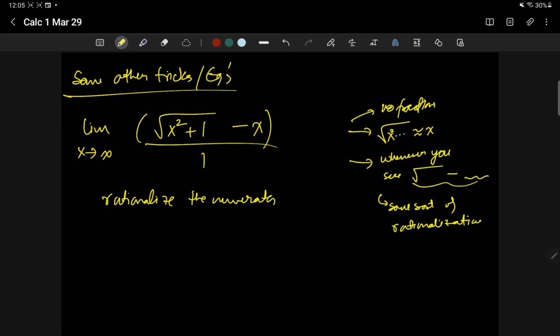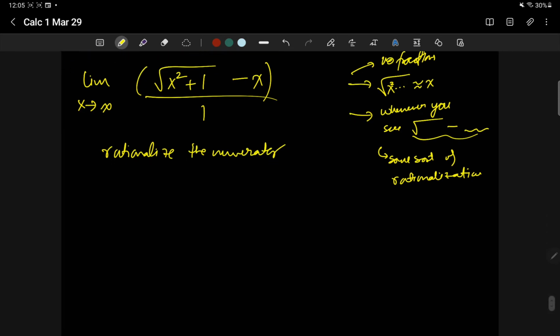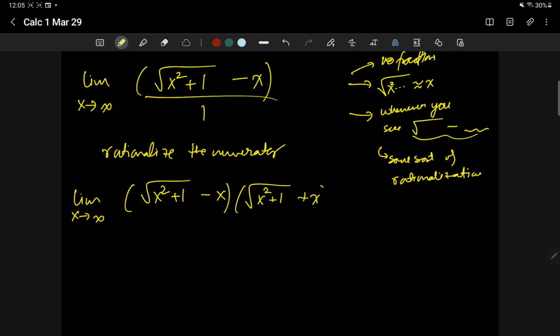That is really the only thing we can do here, and that is the most common trick we have for these kinds of situations, whenever there is square root stuff going on. So I multiply by the conjugate, which is square root of x squared plus 1 plus x. But to keep things balanced, I have to do that on the denominator as well.